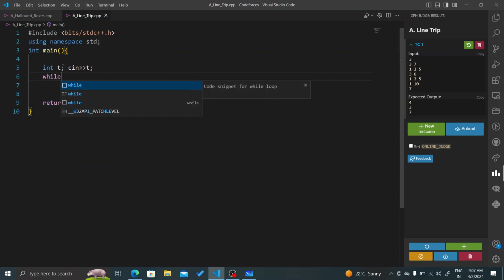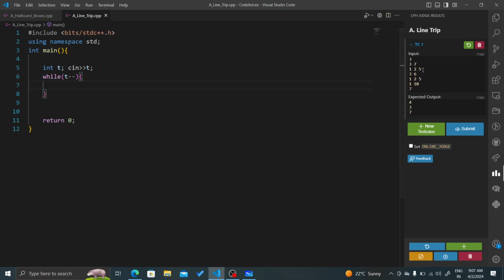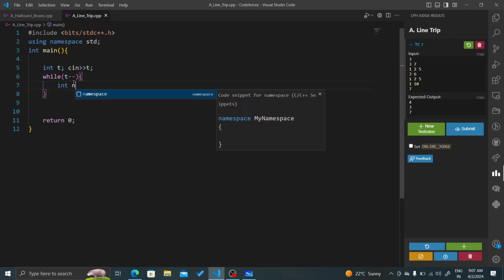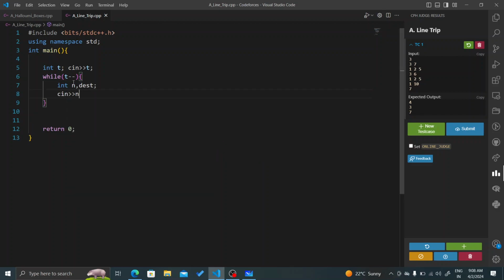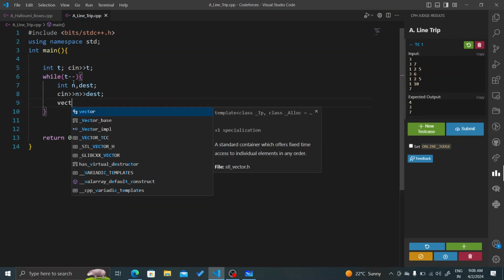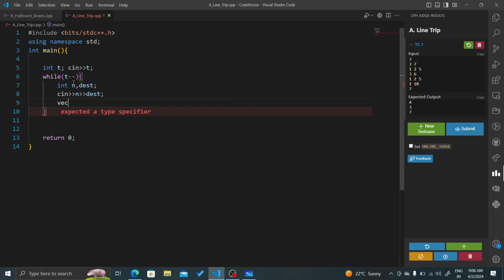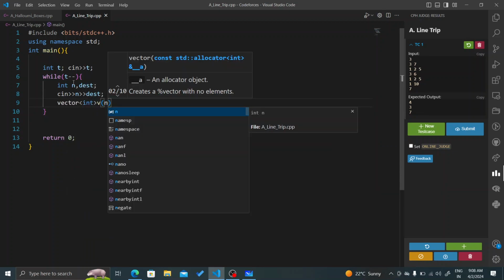So we will be iterating over each test case. So first, the input for the first test case is n and destination. Let's take the input of both. After that, we have n gas stations. We have given the location of n gas stations. So let's make the vector of size n.